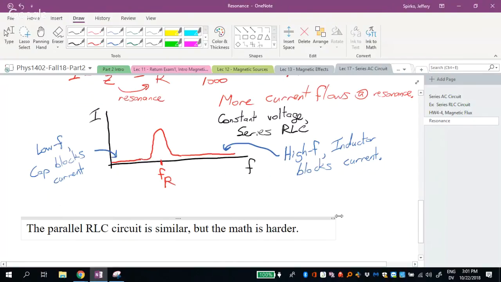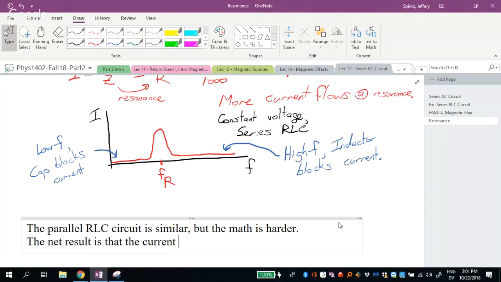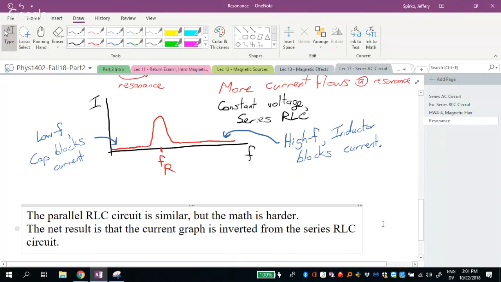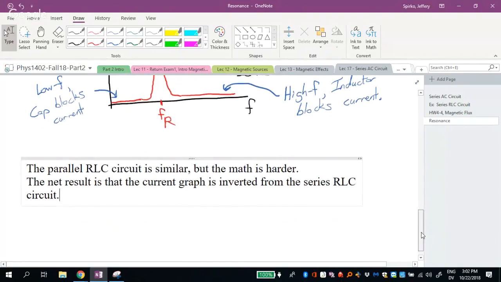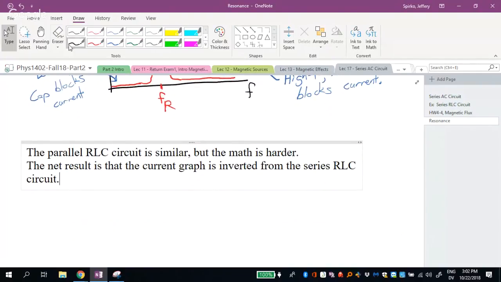Now the parallel RLC circuit is similar, but the math is harder. And the net result is that the current graph is kind of inverted from the series RLC circuit.